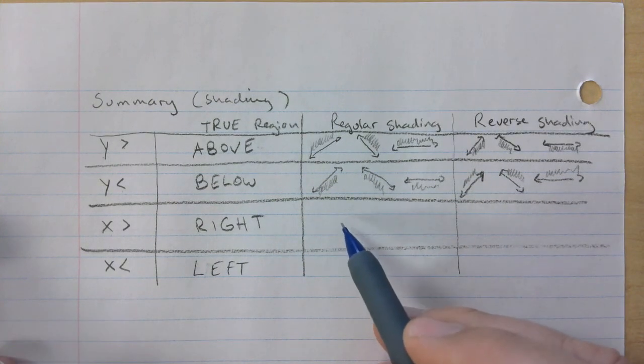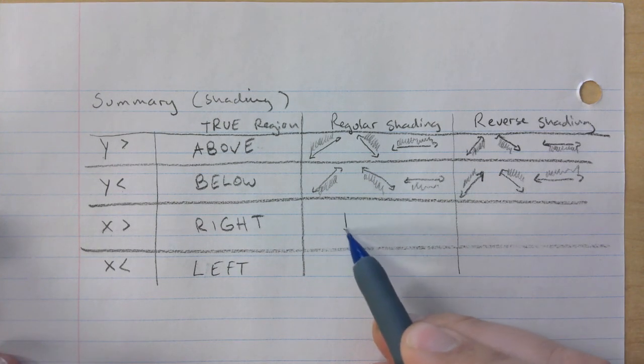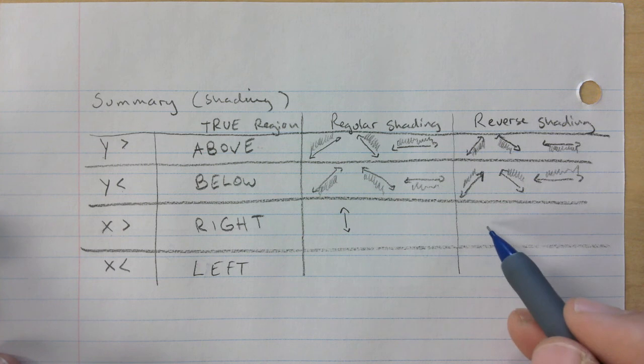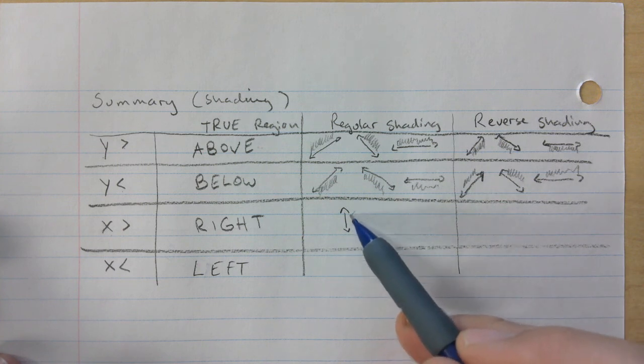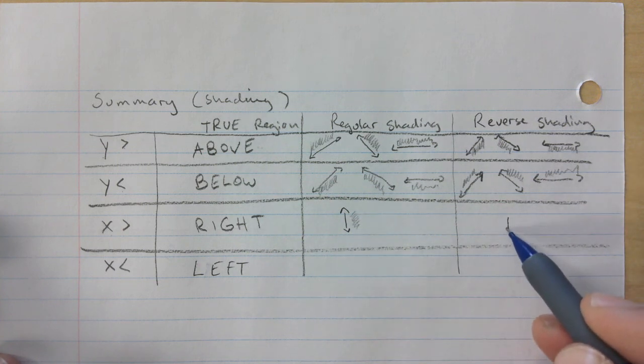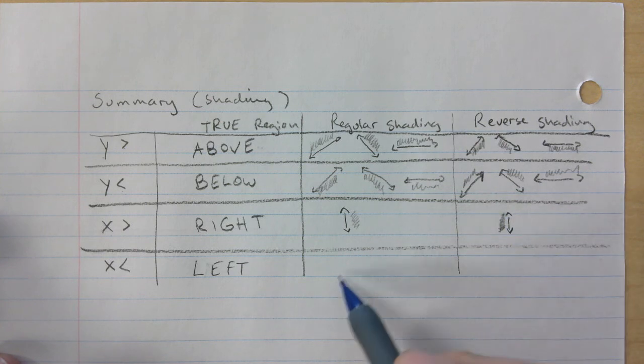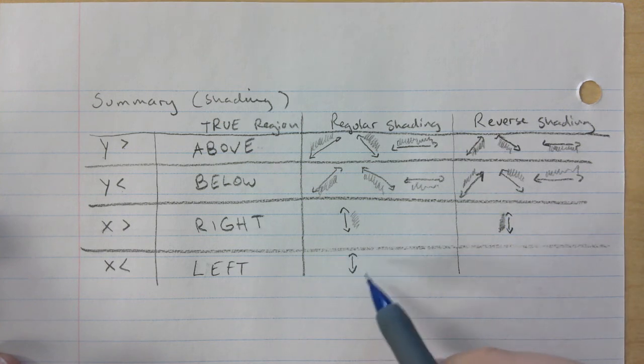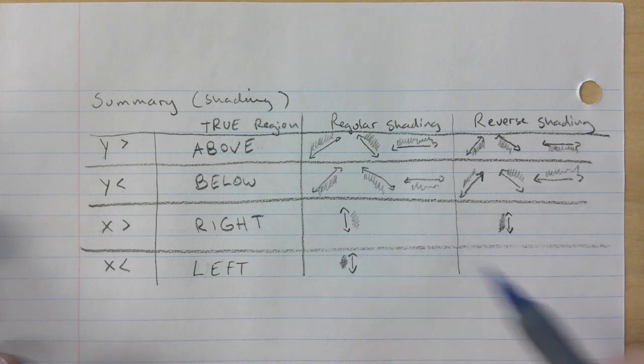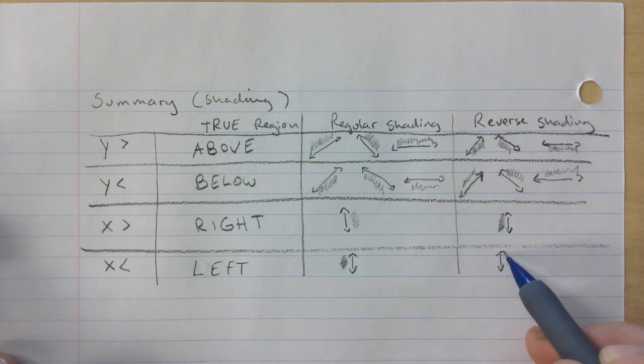If it's this one, you'd be shading to the right. If it's reversed, you'd be shading left. Shading here, you'd be shading there.